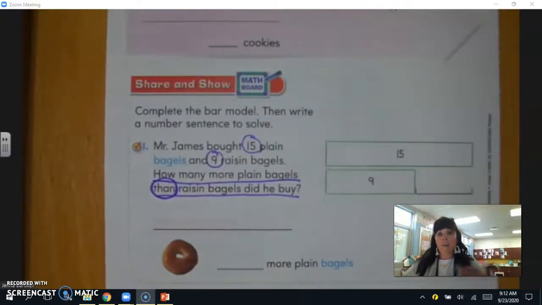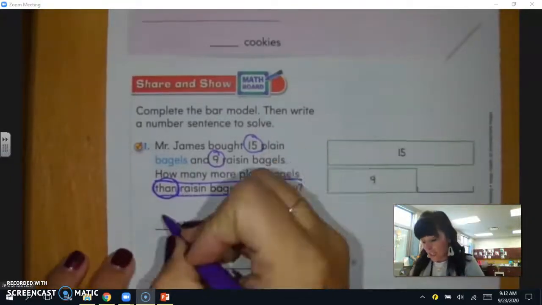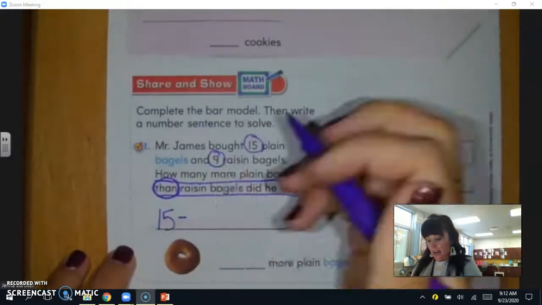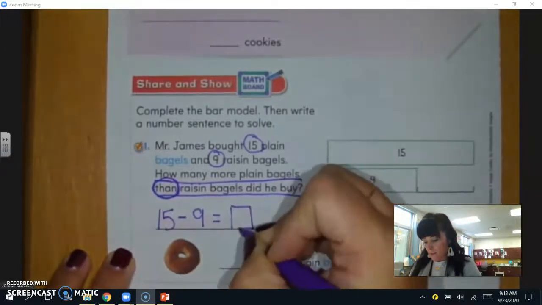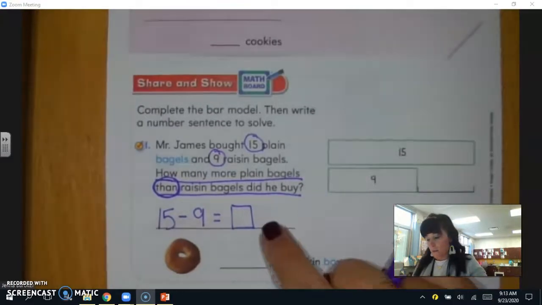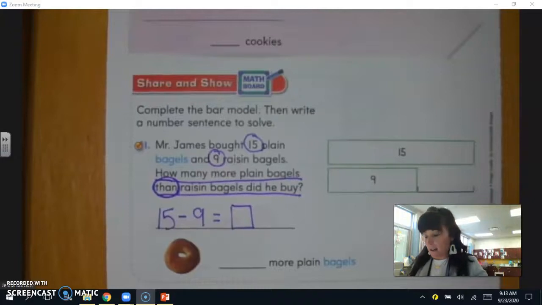We always start with the biggest number. So we're going to start with 15. So 15 minus 9 equals box. Whenever I don't know what the answer is yet, I put box, okay? And that's my number sentence. 15 minus 9 equals box.